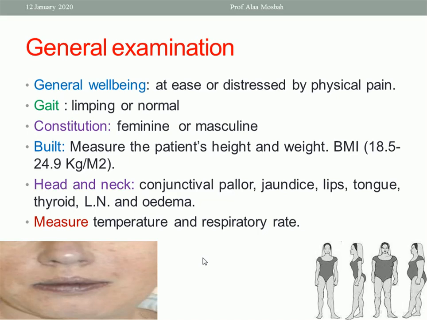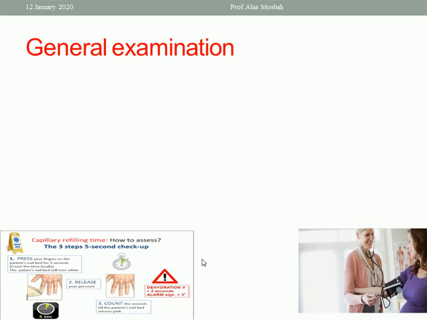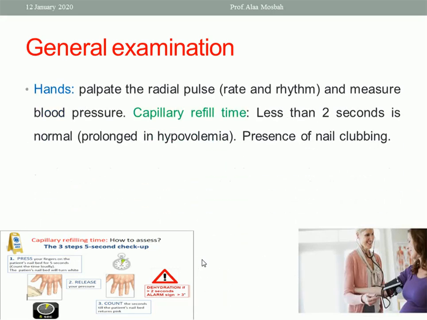Measure the temperature and respiratory rate as part of the vital signs. Palpate the radial pulse and measure the blood pressure. Do the capillary refill test. Less than 2 seconds is normal, but it is prolonged in hypovolemia.